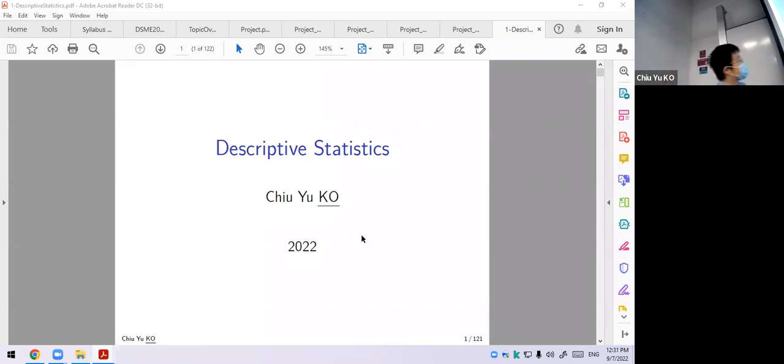You can see this first topic's slides have a staggering more than 100 pages. Don't worry, actually we will have 60 pages of slides, and the remaining 60 in Excel. Some of you asked me during the break whether you need to bring your laptop, but I see almost all of you have an iPad, and iPad cannot do Excel, so it shouldn't be an issue.